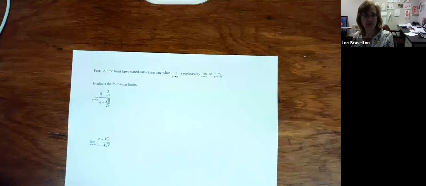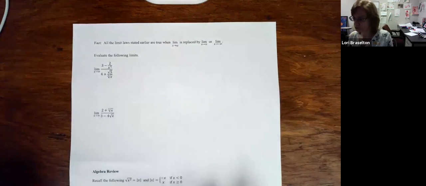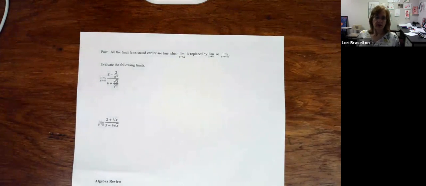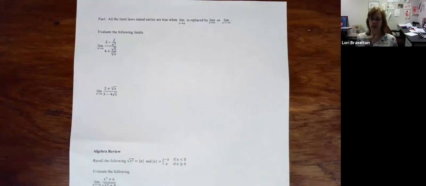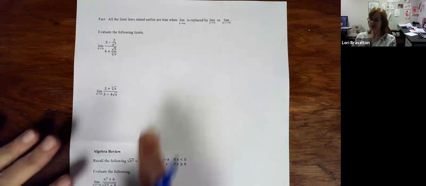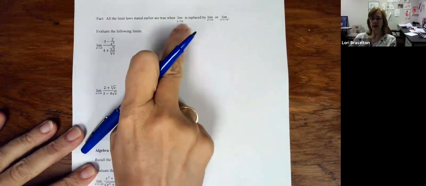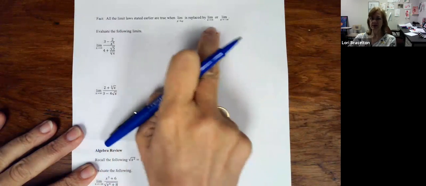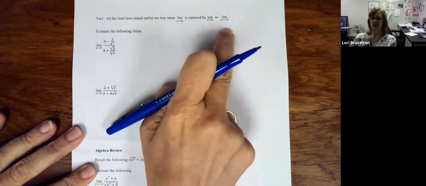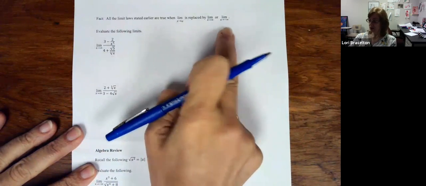And so here's our first problem. Evaluate the limits. Everything you know about limits is still true as we go to infinity, meaning we can split up limits by adding, subtracting, multiplying, dividing. So what we can do in this case, and that says up there, all limit laws stated earlier are true when the limit as x approaches a is replaced by limit as x approaches infinity or negative infinity.